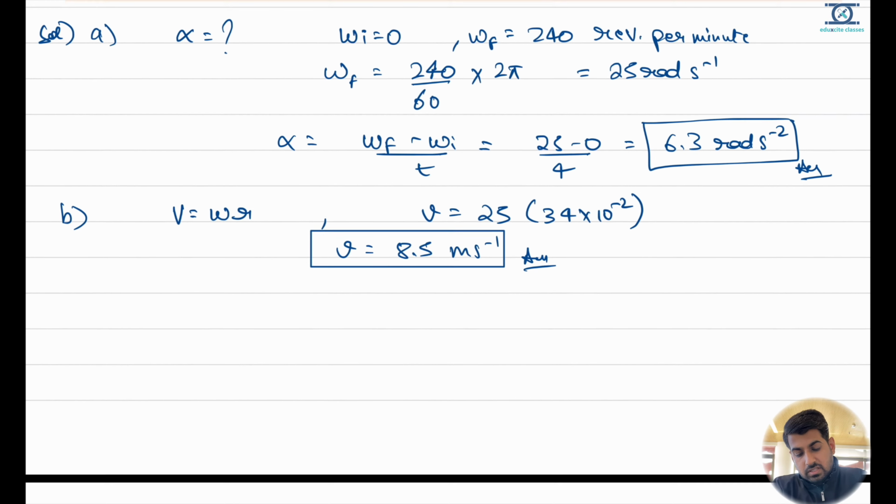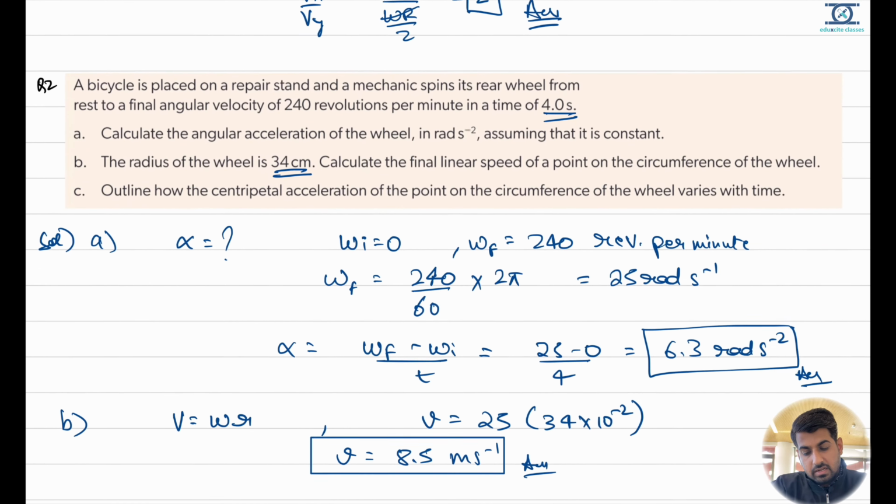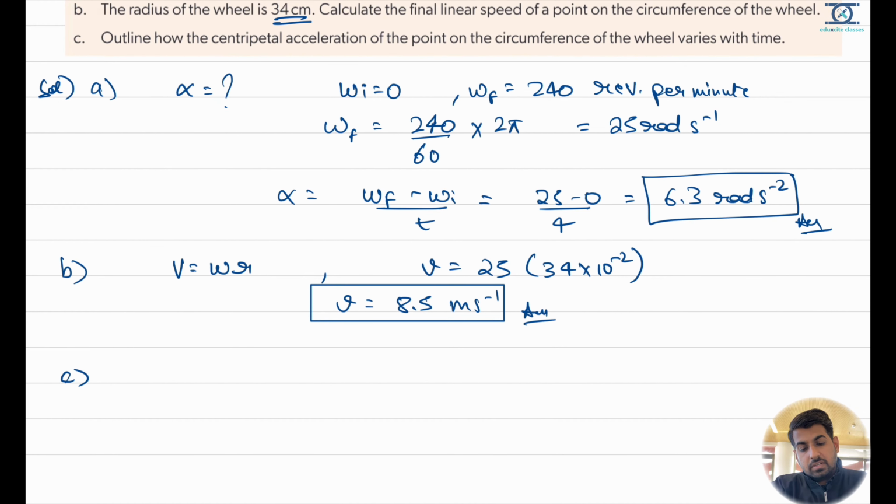Now if you look at the C part, it says outline how the centripetal acceleration of the point on the circumference of the wheel varies with time. Now if you look at this, omega will increase, and that will increase the linear speed as well.